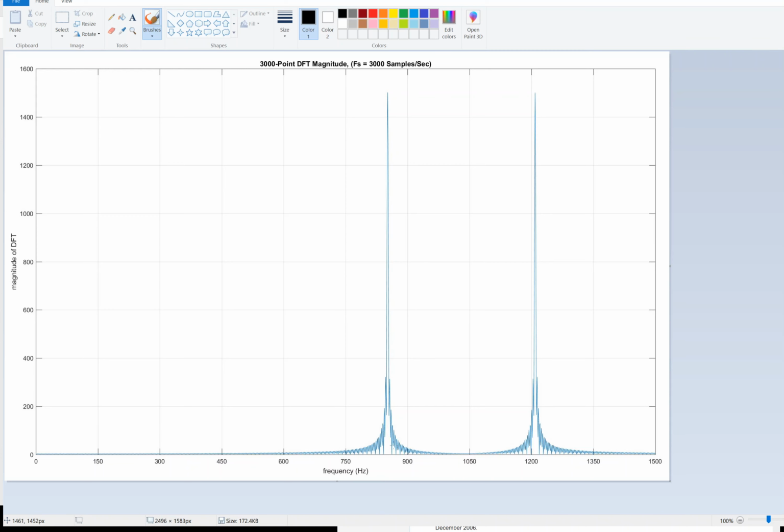And so in the true definition of periodicity, the signal that was sent was not periodic. And so what you have is this spreading out of energy around those major peaks of 852 and 1209. It's kind of like an artifact of the beginning and the end.